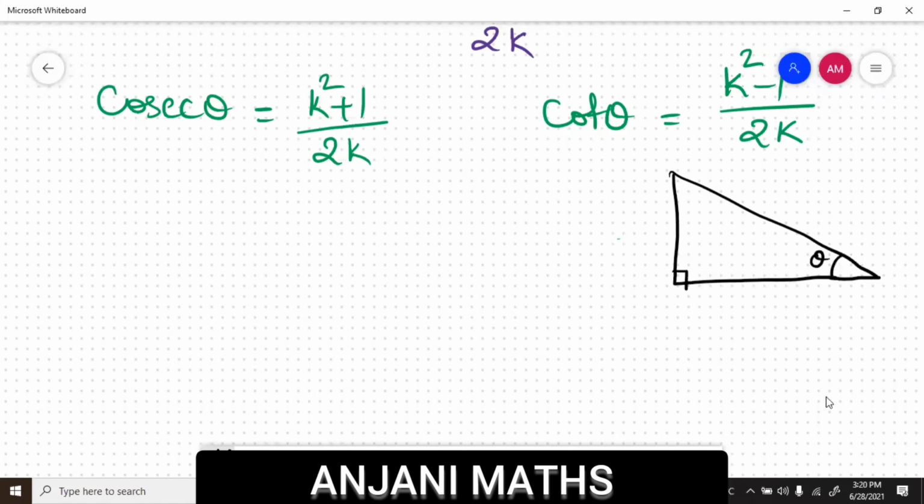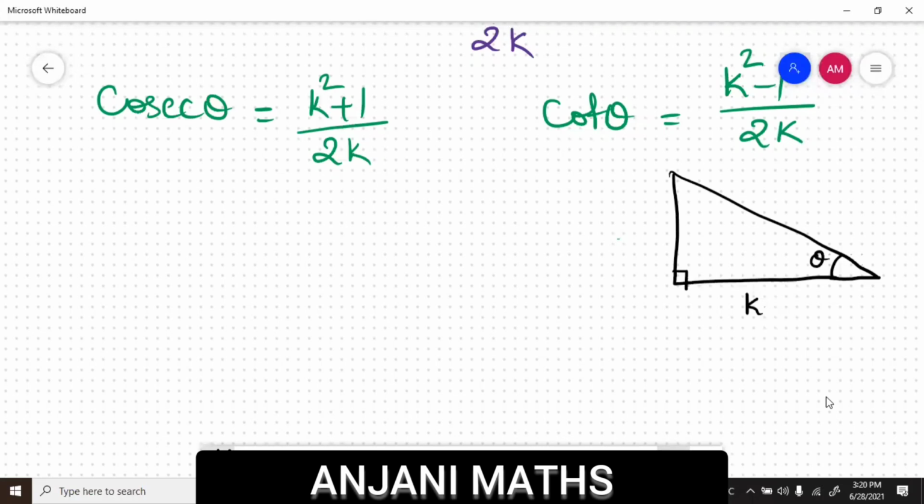What is cosecant theta? Cosecant theta is the reciprocal of sine theta. Sine theta is opposite side by hypotenuse, so cosecant theta is hypotenuse by opposite side.